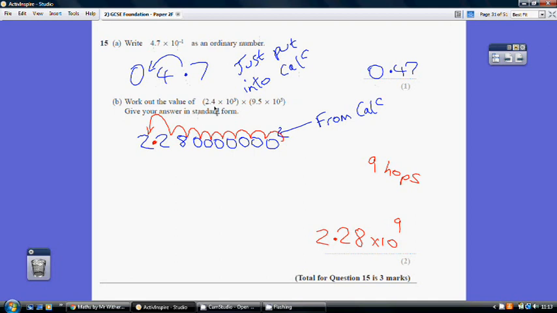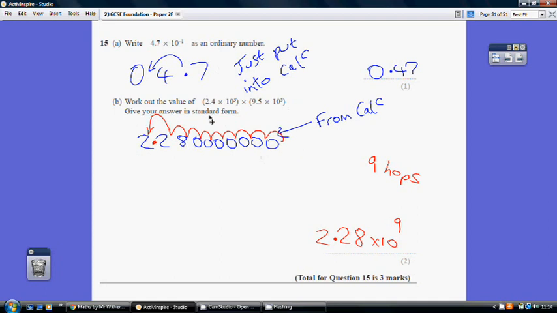Now for part B, again, I would suggest you start with the calculator using the times 10 to the power of x button, which is normally right down at the bottom in the middle on your calculator. Just write that literally into your calculator and press equals, and it will give you the answer in normal numbers. So 228 and all those zeros.